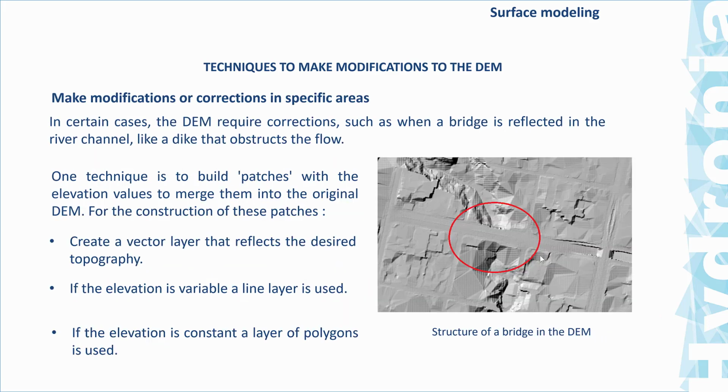Now, you can also make modifications to specific areas, and this is one example that is part of the exercises that we're going to be looking at. In this case, you have a river, and this is the river over here, but the digital elevation model includes the surface of the road, the bridge that goes over this stream.